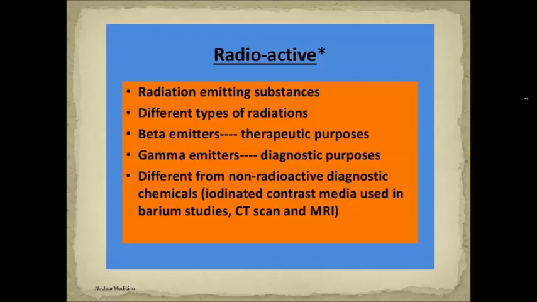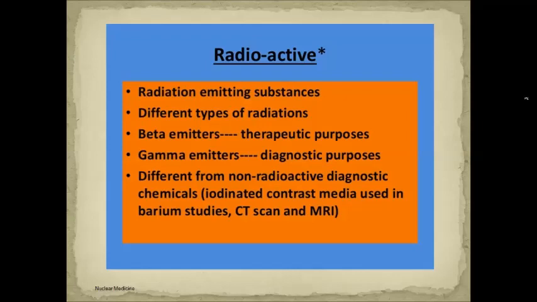Usually, beta radiation can cover a very short distance in the human body, about several millimeters, not more than 1 centimeter. On the contrary, gamma rays can go through the whole human body.